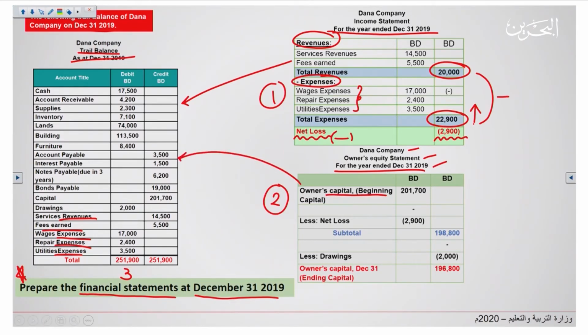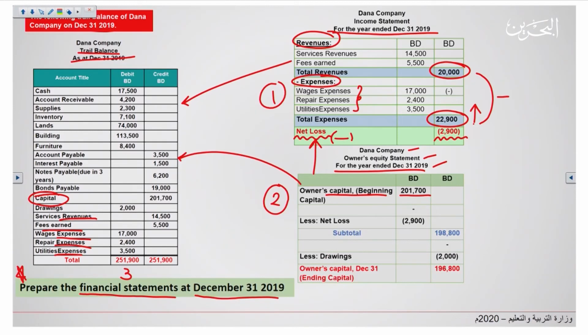So I have to look here in the balances to get the capital. I will add the capital here. This is our beginning capital. Then in the statement of owner's equity, I have to list the events that will increase the capital or the events that will decrease the capital. But here we are facing a net loss, as we got from the income statement, which means the company is losing money. There are no events increasing the capital here.